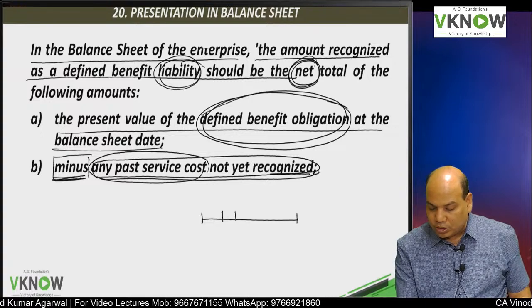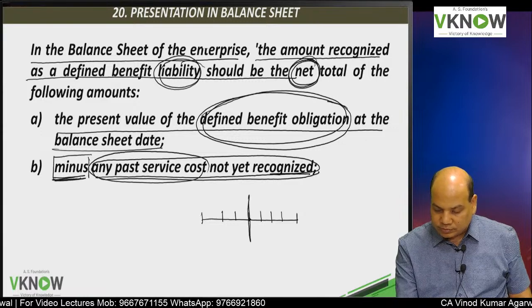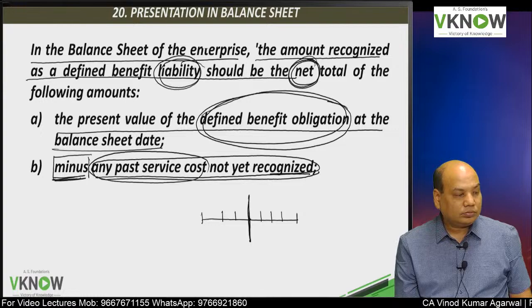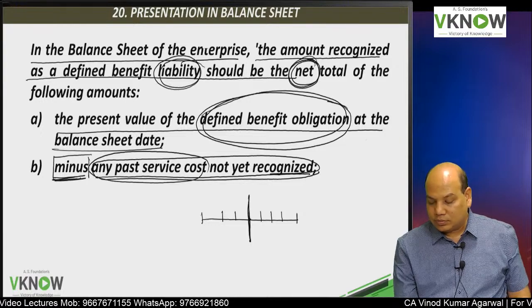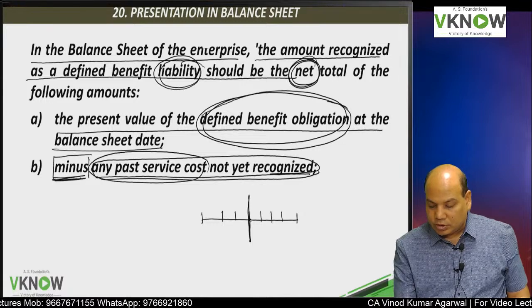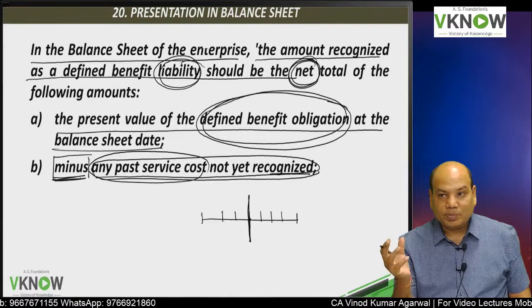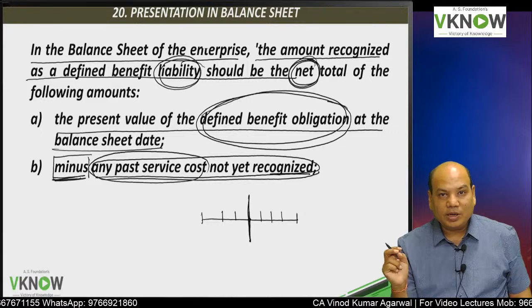Suppose the employee has already rendered, let us say, 3 years of service. Briefly understand, the employee has already rendered 3 years of service, and then suddenly the company changes the defined benefit plan.